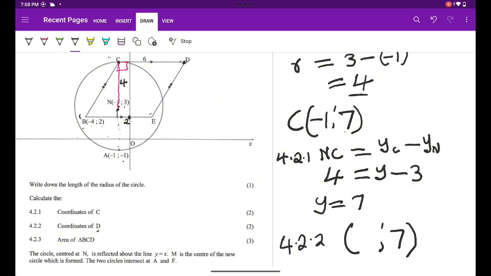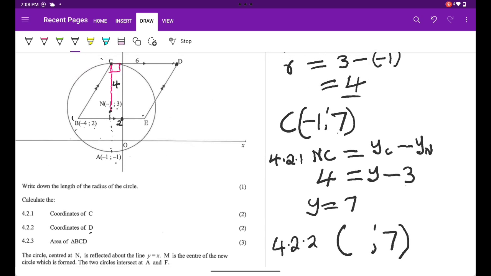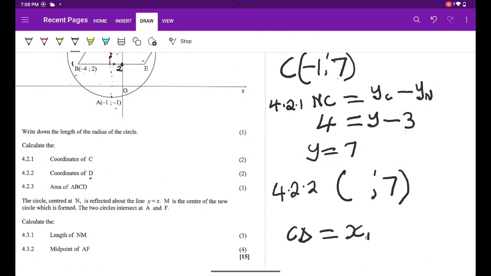So we know the distance from C to D. So we are going to use the same properties as we used here of the distance of NC, but now on the x values, because the distance from C to D is the x value at D, subtract the x value at C. So let's do it that way and say CD, it's the x value at the right one, which is at D, x value at D, subtract x value at C.